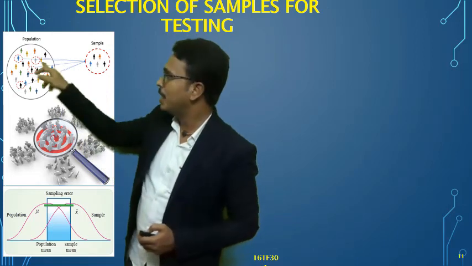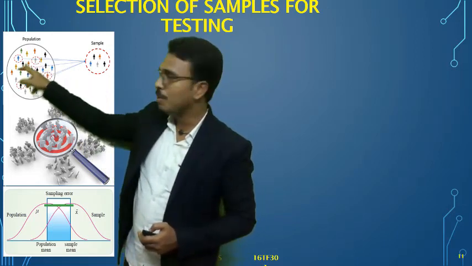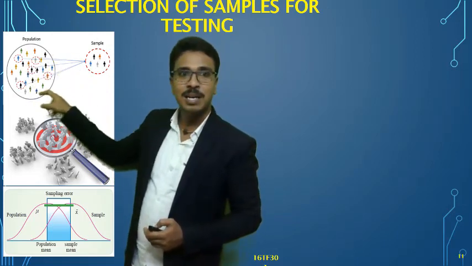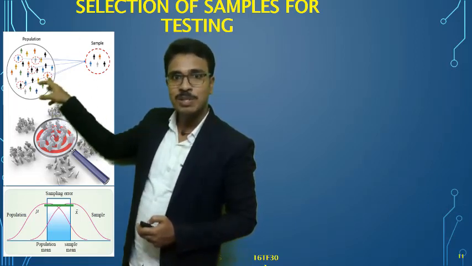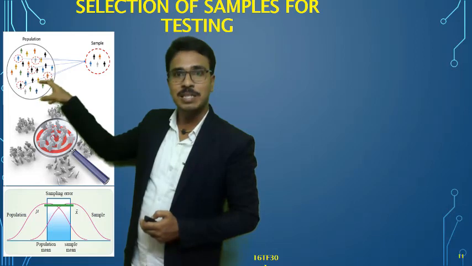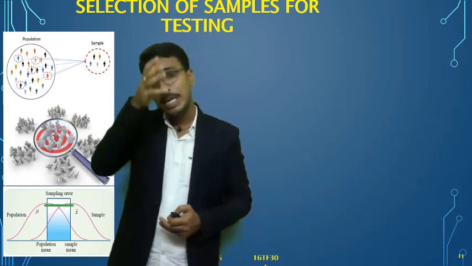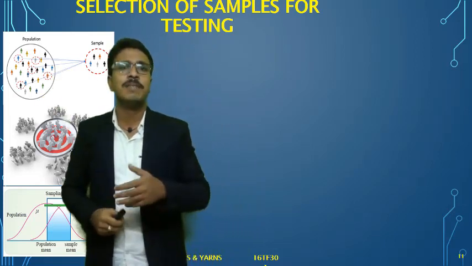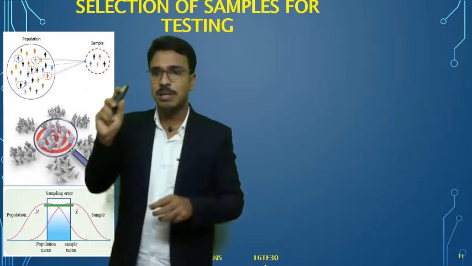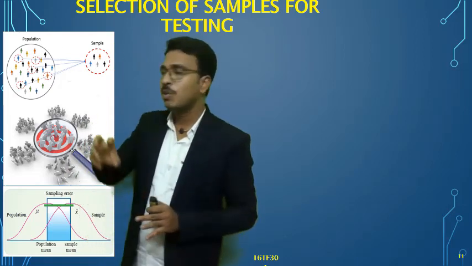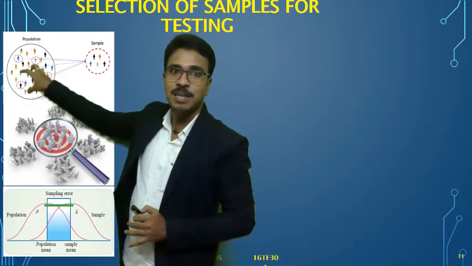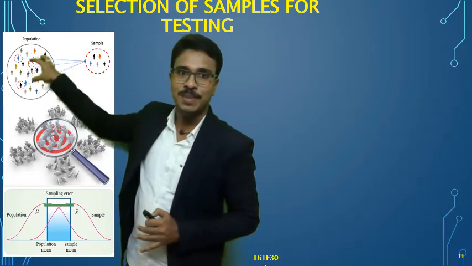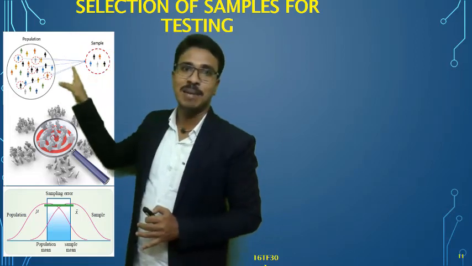Here in this image you can see the population, where so many persons are there, and if you want to select a few among them as a sample, if you want to know certain aspects, say for example about one product quality, you are selecting the samples not from a particular place, you are selecting randomly and you have your sample.